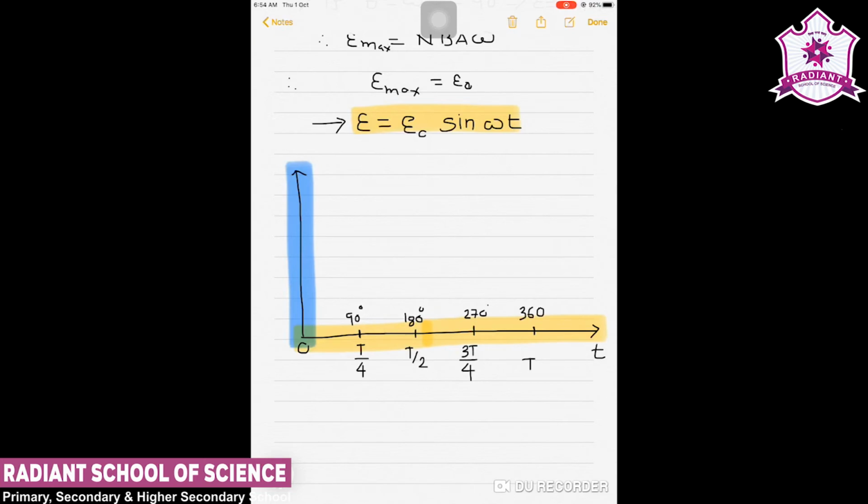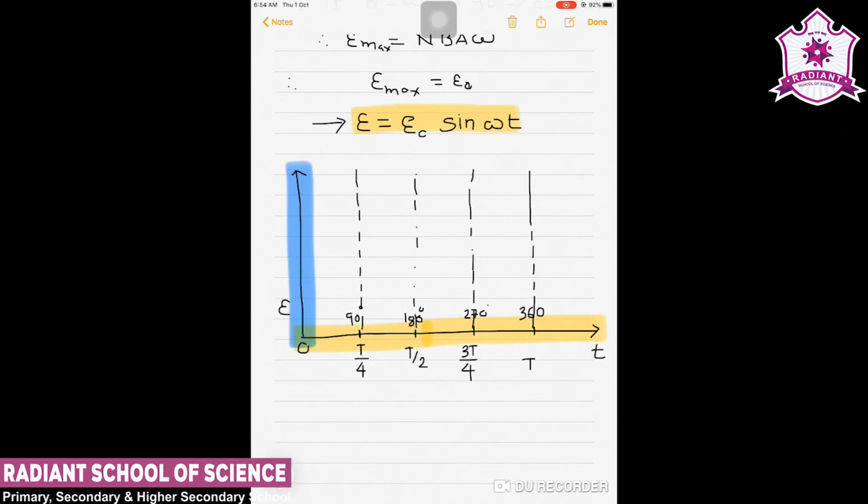If we draw the graph of induced EMF versus time period, we can get the result that initially it increases to the maximum. Suppose at a certain value the maximum value, then it starts decreasing, following the equation sin omega t.